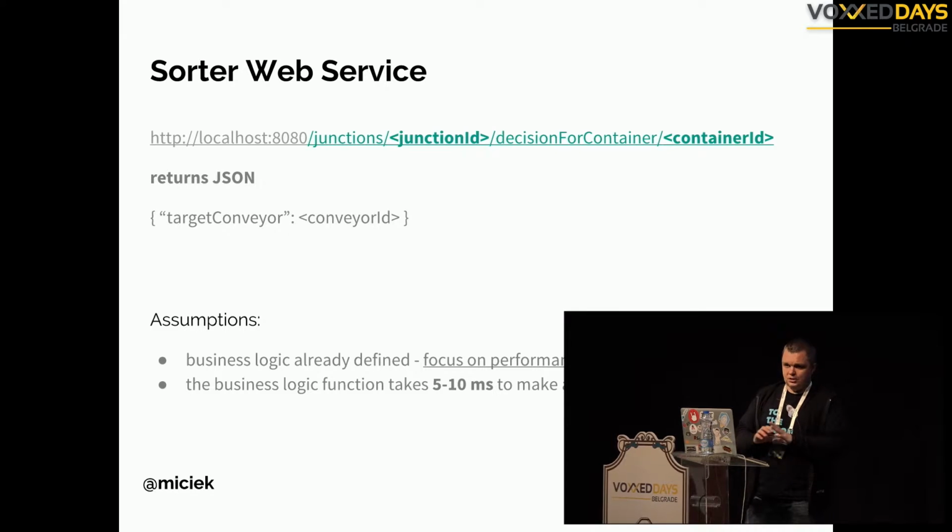And the assumptions, just for the sake of the presentation, I don't really care about the business logic. It's a function that we'll call, and it always does a good thing. We'll just focus on performance. And the function that makes this decision takes like 5 to 10 millis to execute.